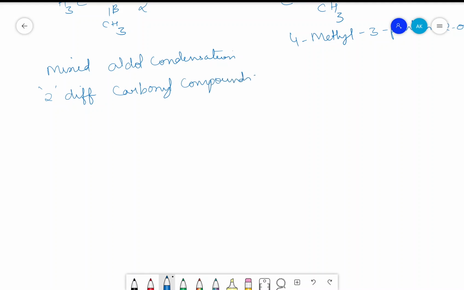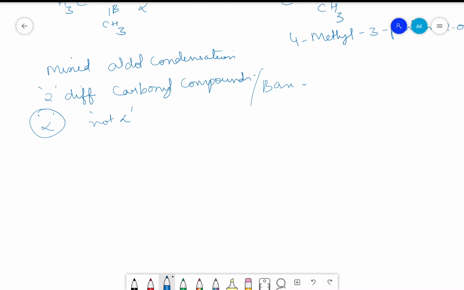One contains alpha hydrogen, the other will not have alpha hydrogens. In this condensation between two different carbonyl compounds, the criterion is that any one of them should contain alpha hydrogen, and the reaction happens in the presence of a base to form a product. That type of condensation is called mixed aldol condensation.